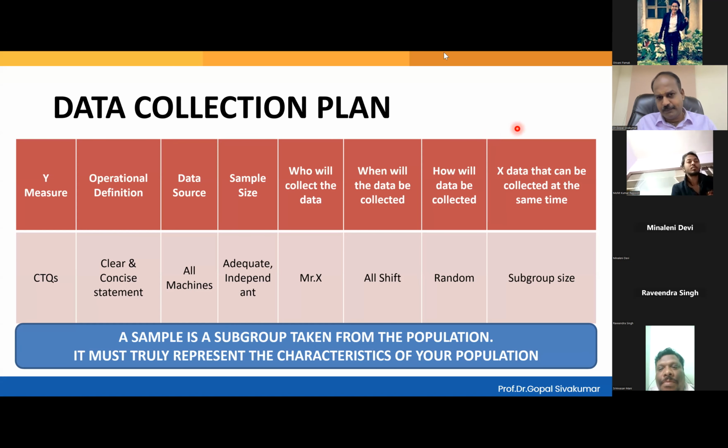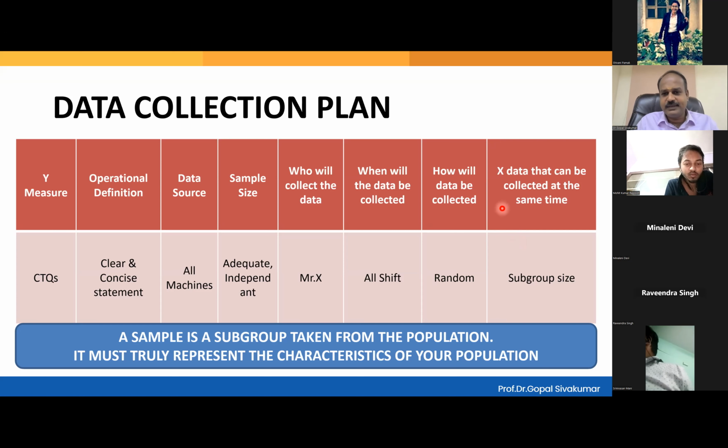Ultimately, your sample, which is a subgroup of the population, must represent the characteristics of the population. You understand the definition? Why are we taking a sample? Are we taking a sample to understand the sample? No. We are taking a sample to understand the population.